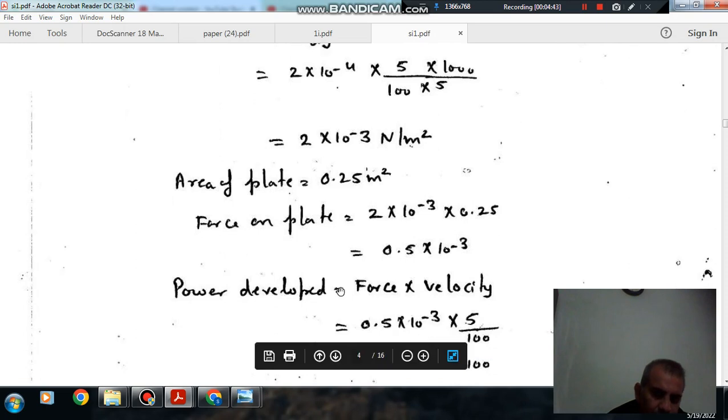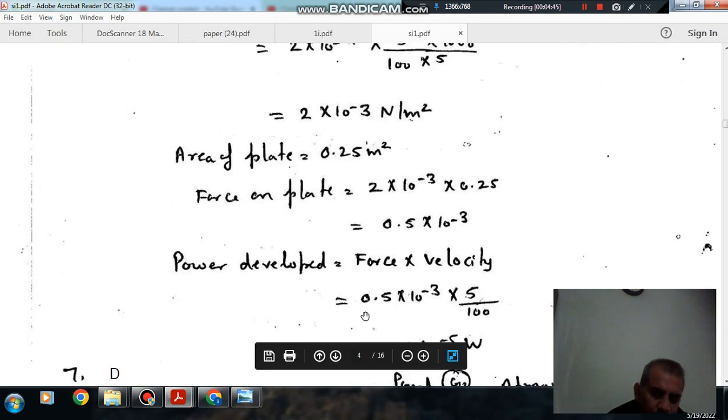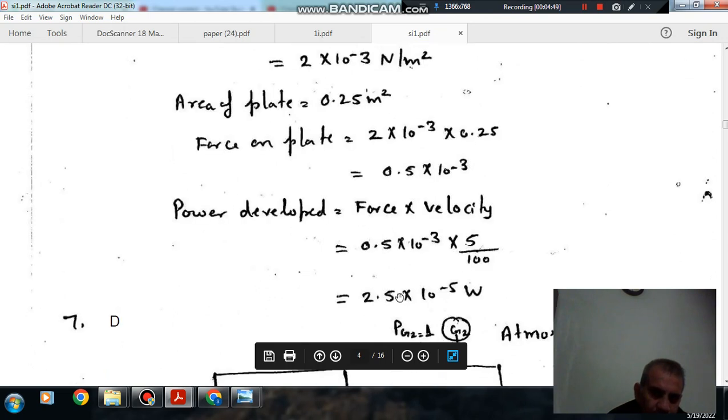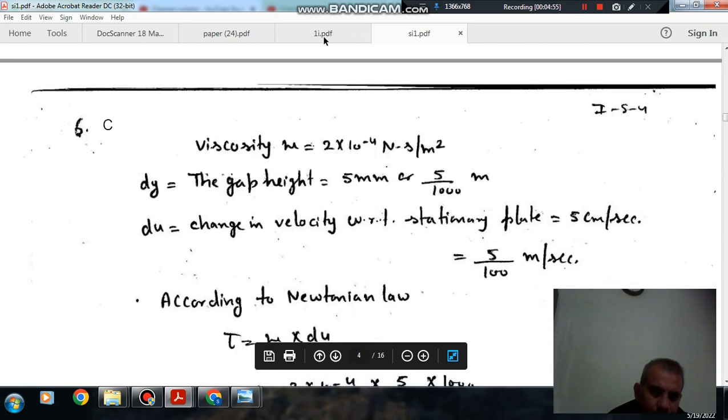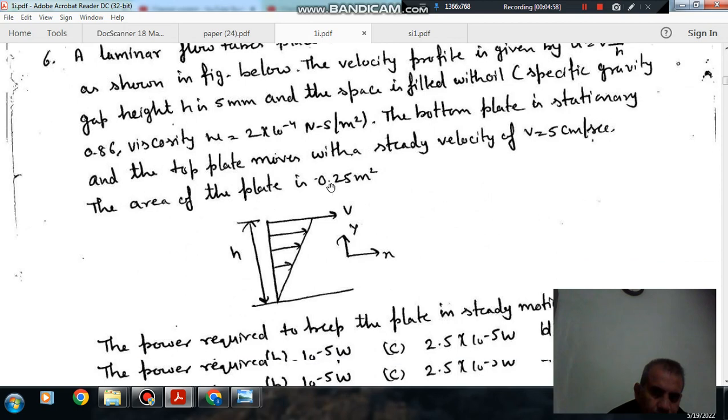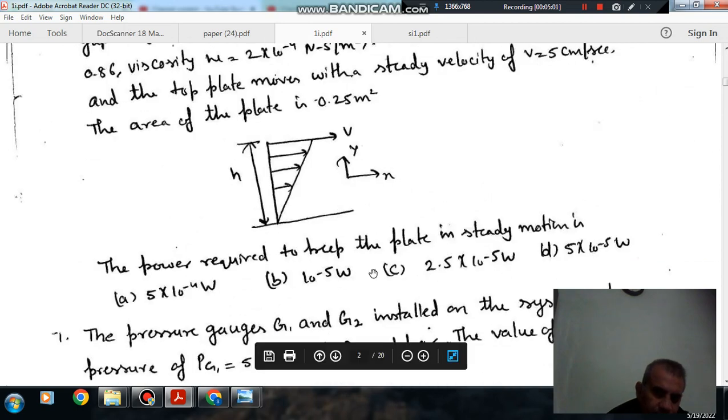The power is force into velocity. So 0.5 × 10⁻³ into 5 by 100, that is 2.5 × 10⁻⁵ watt. So the answer is C.